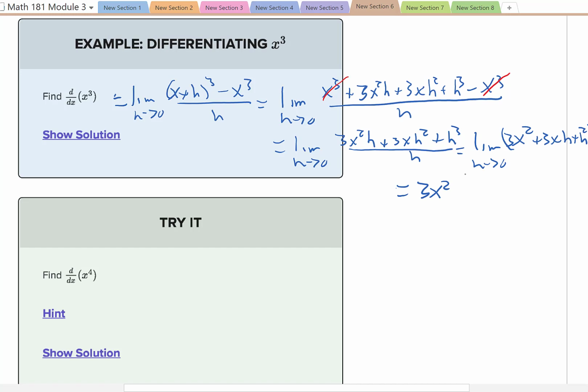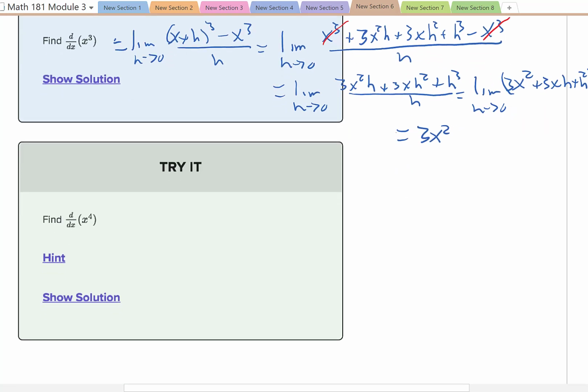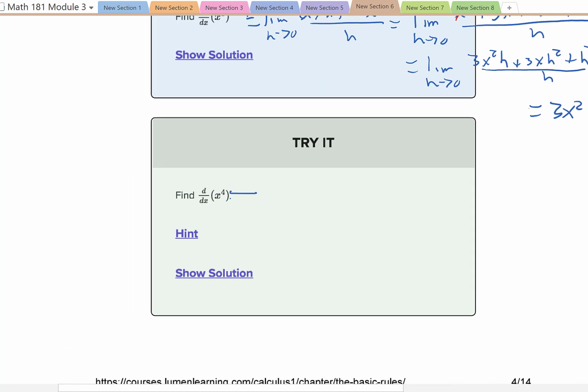And it's the same process for this d dx of x to the fourth. Exactly the same process, you just have to know the expansion for x plus h to the fourth. So again, we're looking at the limit as h goes to 0 of x plus h to the fourth power minus x to the fourth, excuse me, all over h.